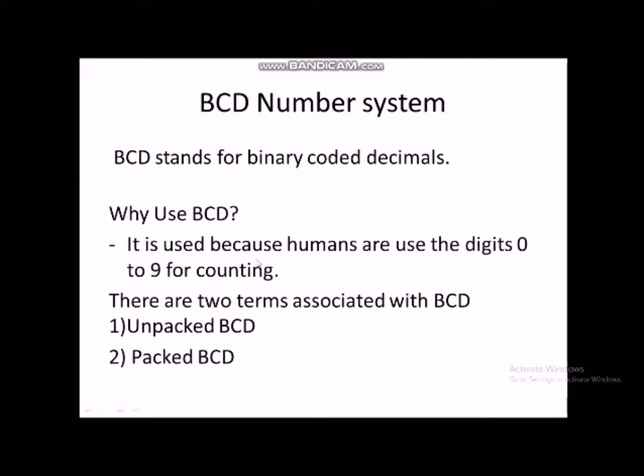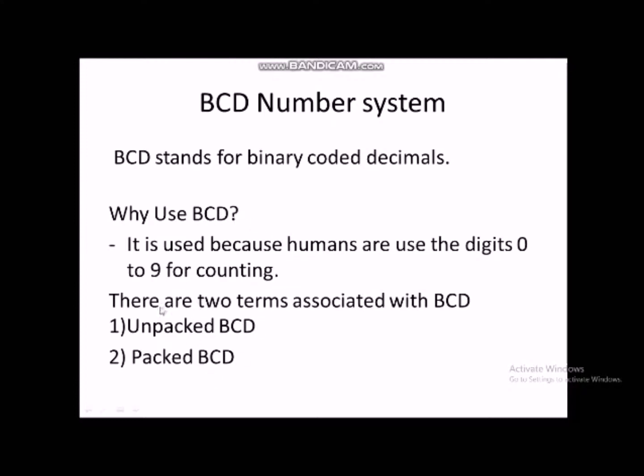It means it's the closest to the decimal system, and the decimal system is the system which is the most familiar to humans. So if we want to be able to read and interpret the results from a computer or results from any computational operation, it will be easier for us to read these results if they are presented to us in BCD. This is why BCD is important.